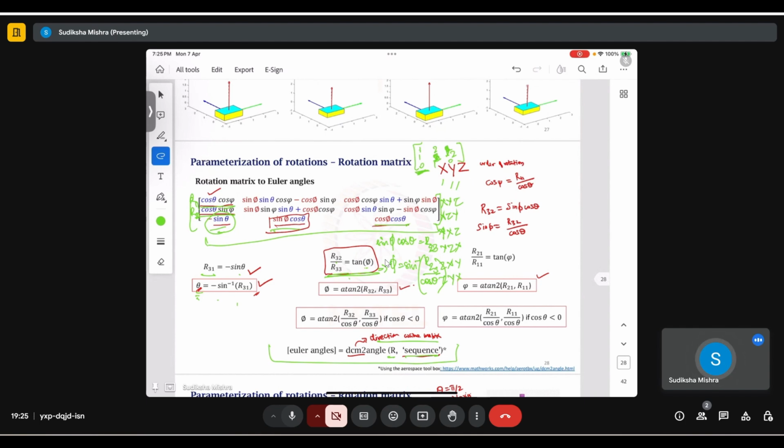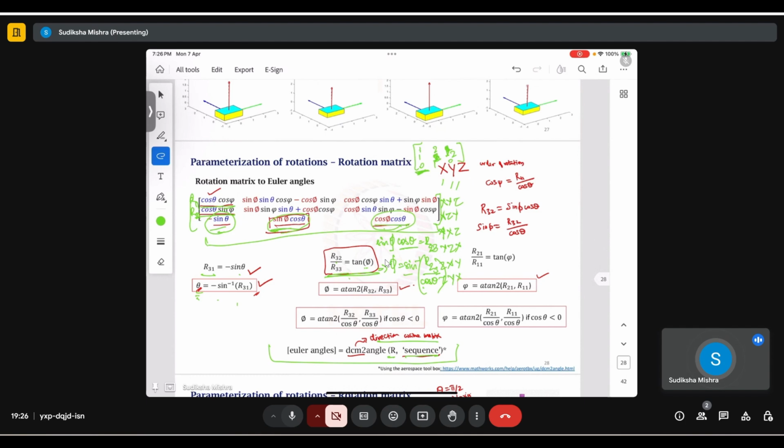Similarly, since you now know theta, you know cos theta. You can compute phi either by doing a sine inverse of the R23 term by cos theta, or cos inverse of the R33 term by cos theta.